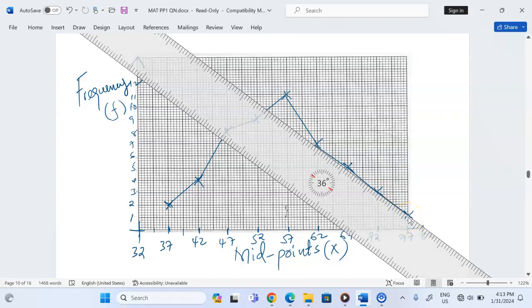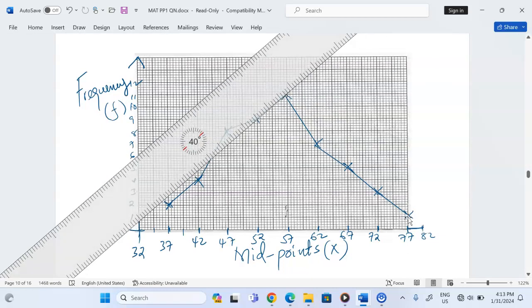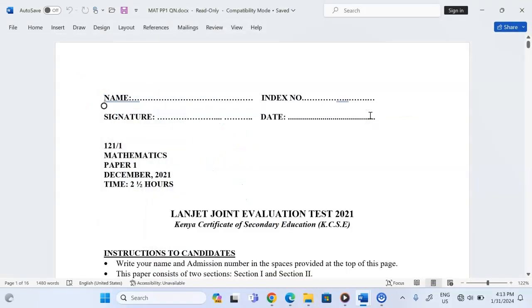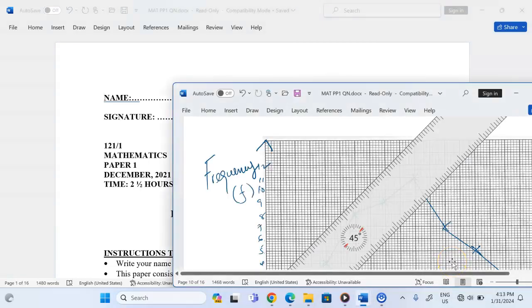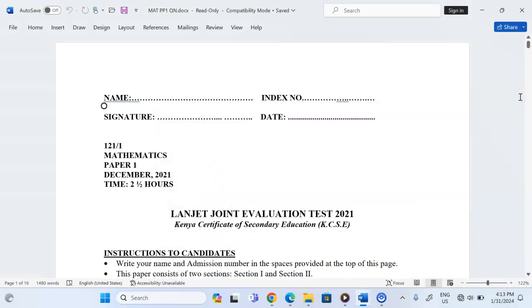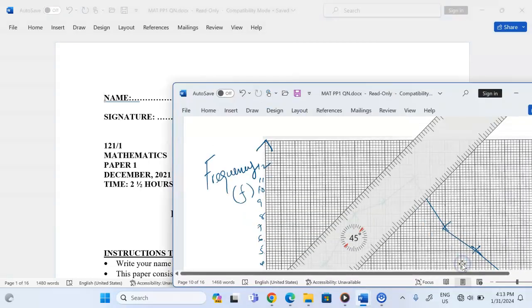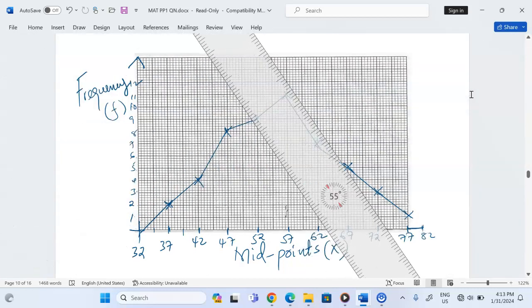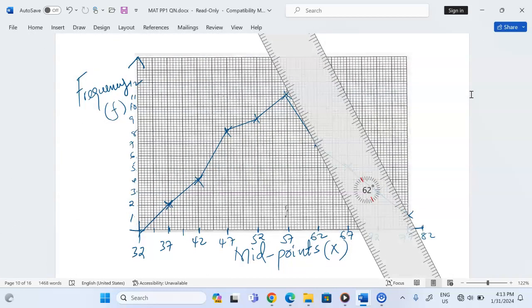Then now the first one can be dropped here anywhere on this axis, and also the last one should be dropped somewhere on this axis.